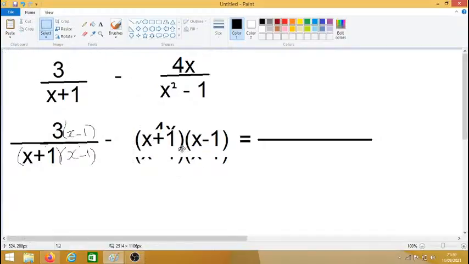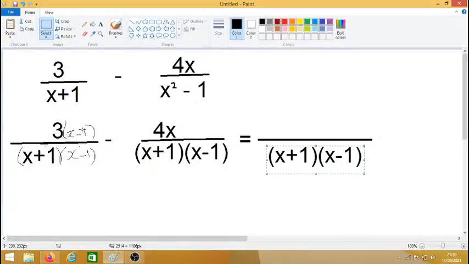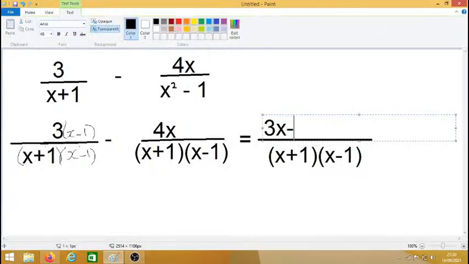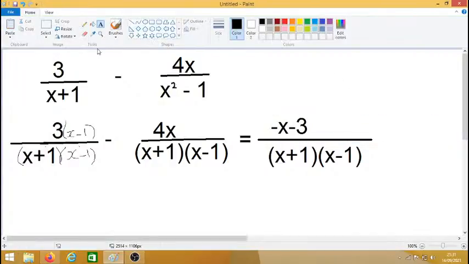The top can be expanded, so I've got 3x minus 3 minus, now this minus applies to the 4x, and then simplify, we can take the minus 3 to the end and combine these two into minus x. So that's your answer on the last one. A little bit tricky, the last one, but this is the kind of level you need to get to.